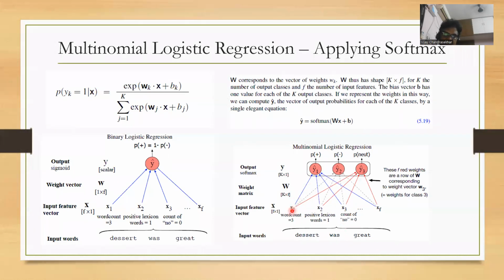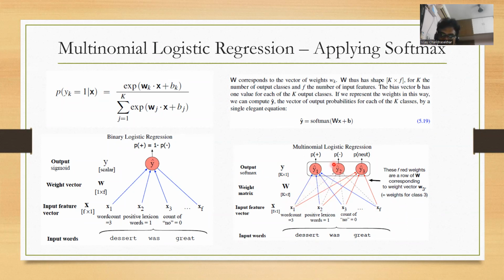So x1 can be an input, x2 can be an input, x3 can be an input. Of course, this diagram has more features, which is why you see xf, but let's just focus on x1, x2, x3. So x1 is an input, x2 is an input, x3 is an input.